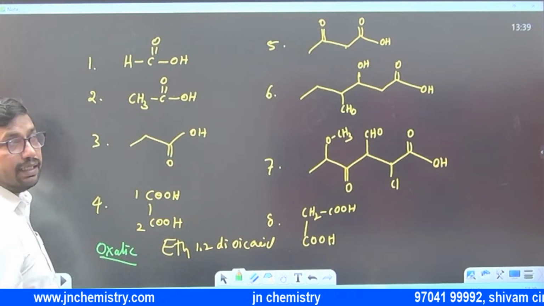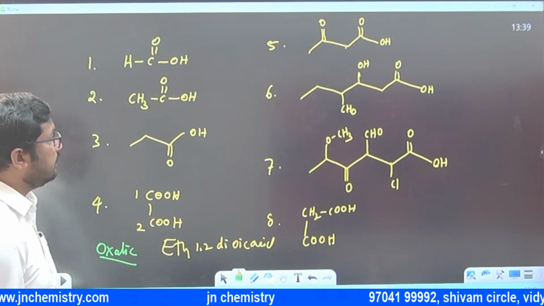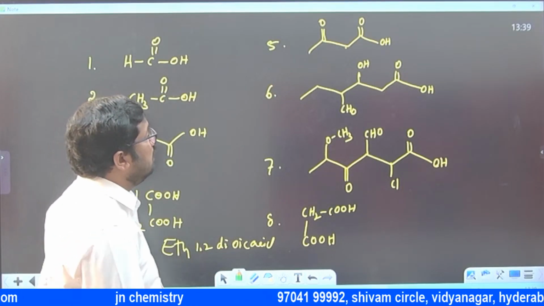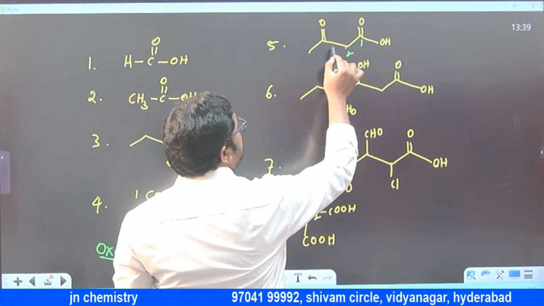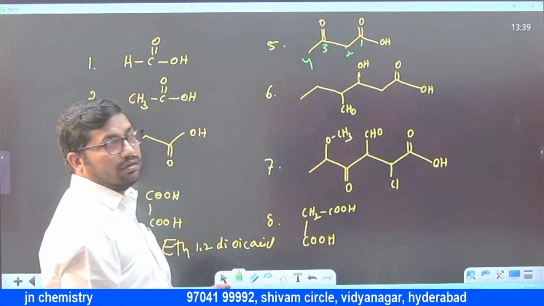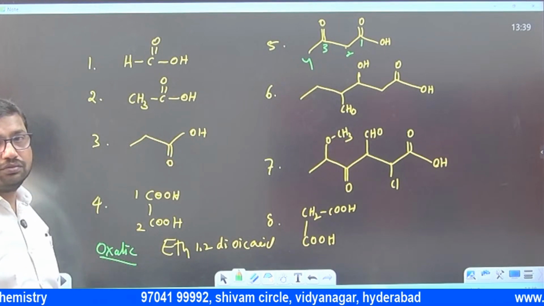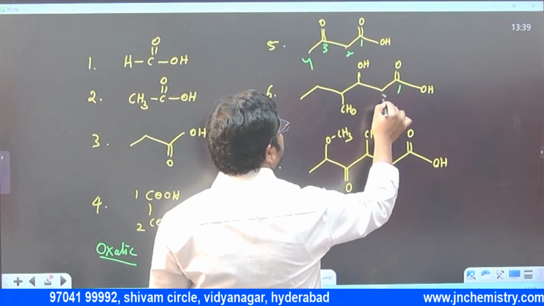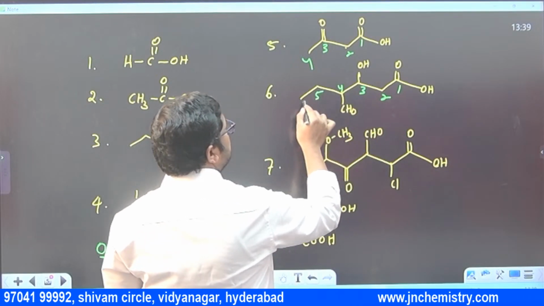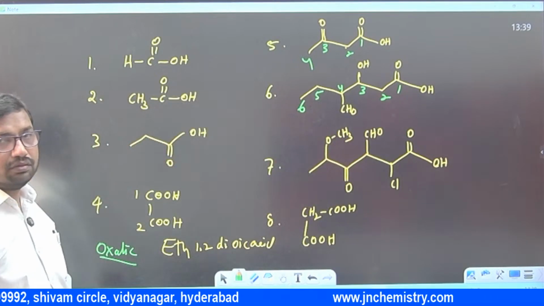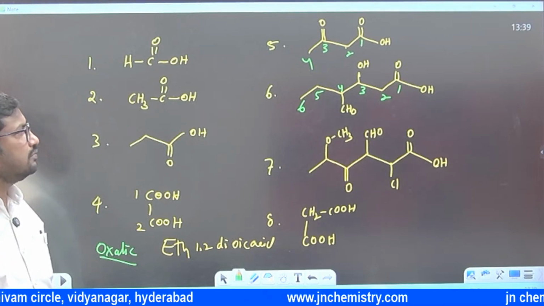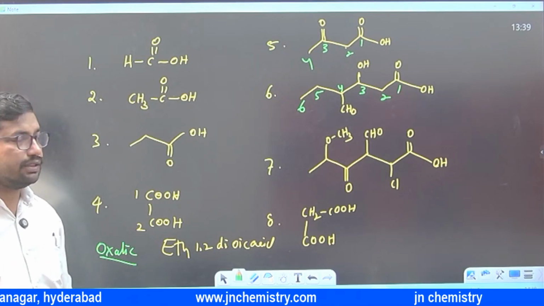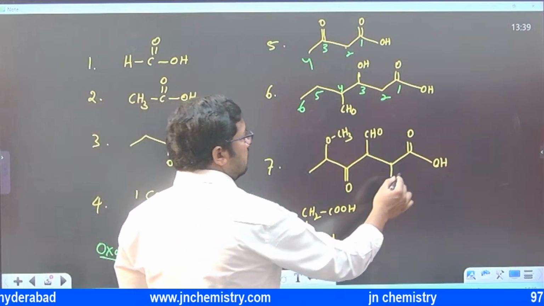I'll explain oxalic acid, malonic acid, those things. This one: 3-oxo or 3-keto butanoic acid. And this one: 4-aldo 3-hydroxy hexanoic acid. Very good. Next.